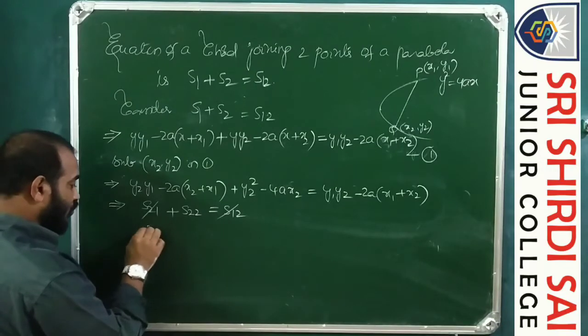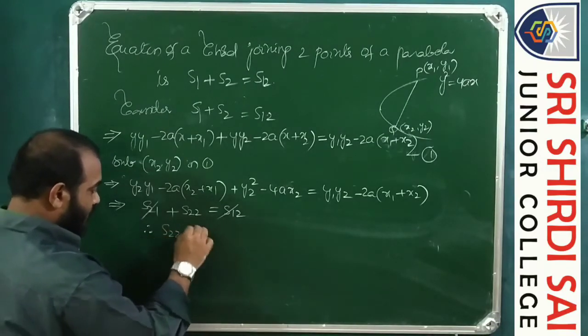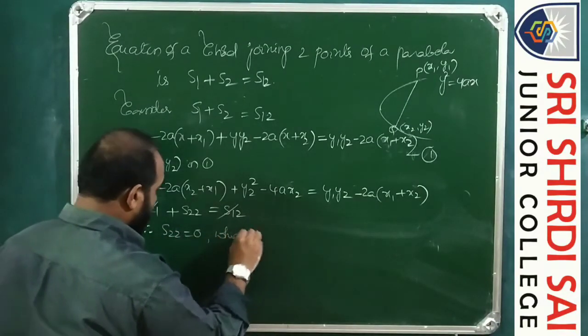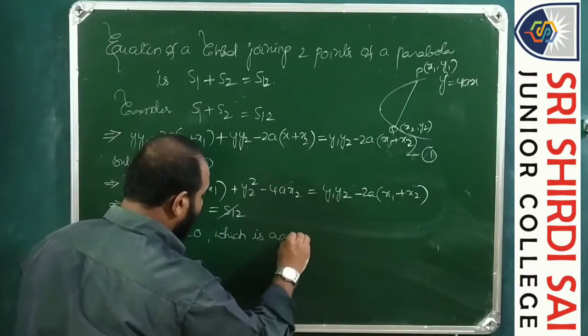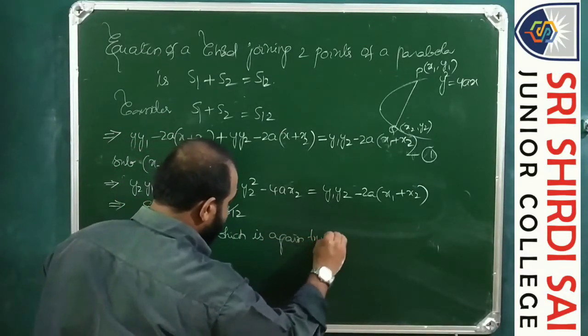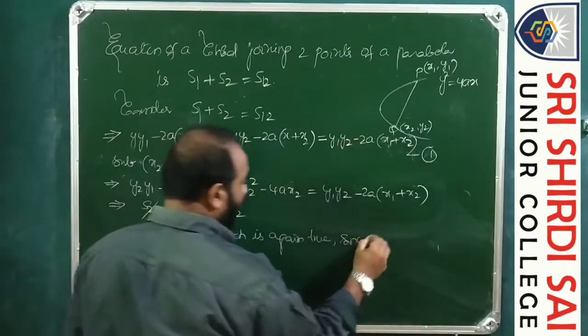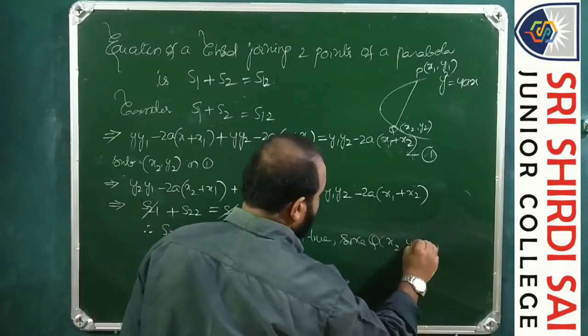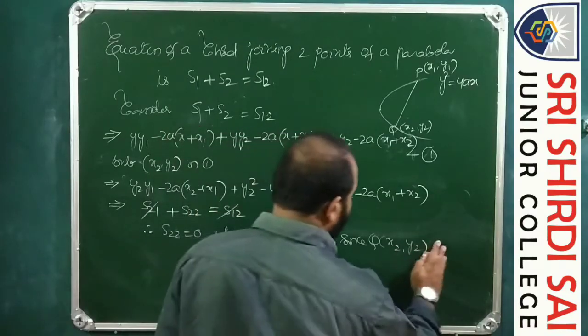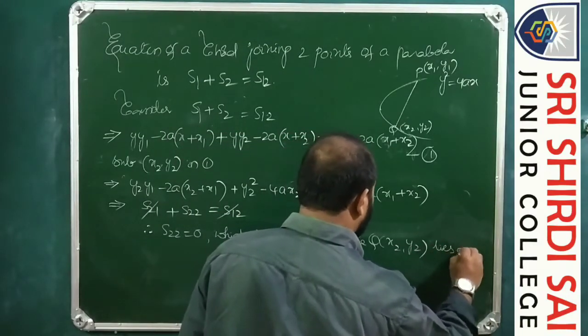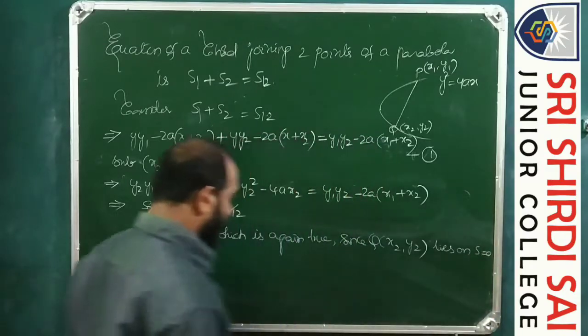Therefore S22 equals 0, which is again true, since Q (x2, y2) lies on the parabola S equals 0.